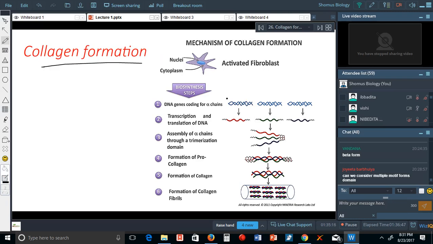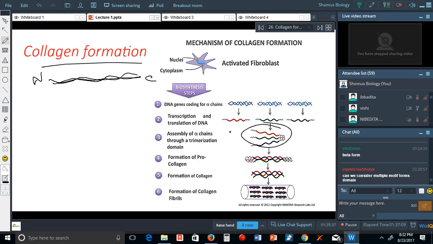And how collagen is formed, we all know as an example of collagen formation. It's very similar to that of the intermediate filament. I already told you earlier. It is formed when multiple amino acid primary structures are linked with one another. They interact with one another. We call that nucleation.